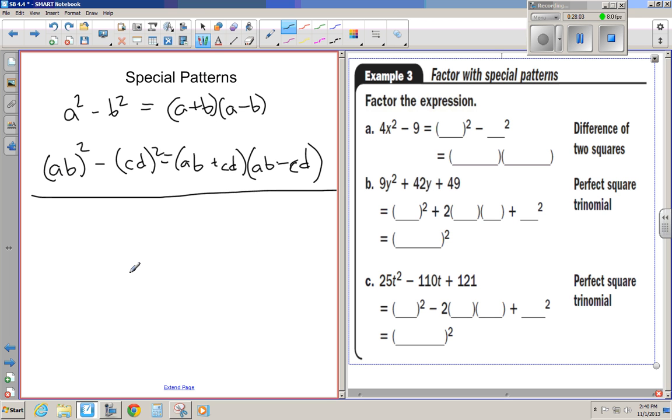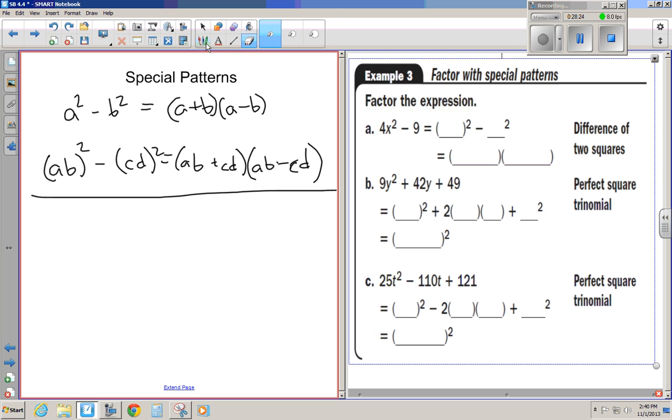You also have this, if you have x squared plus bx plus c, a perfect square trinomial. I'm sorry. It wasn't written quite like that.